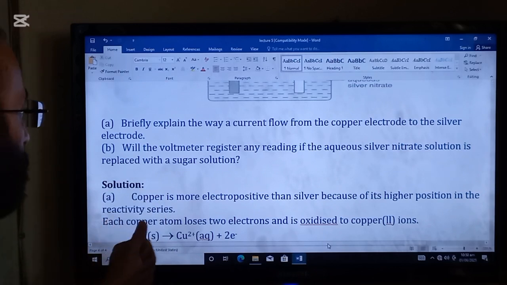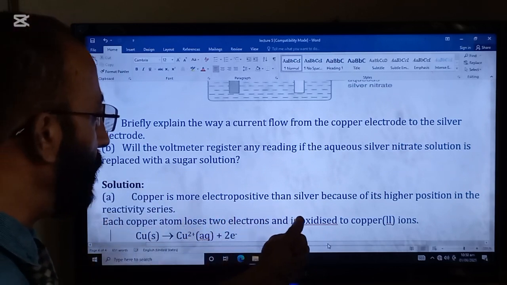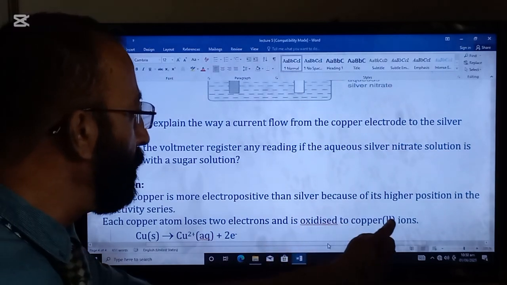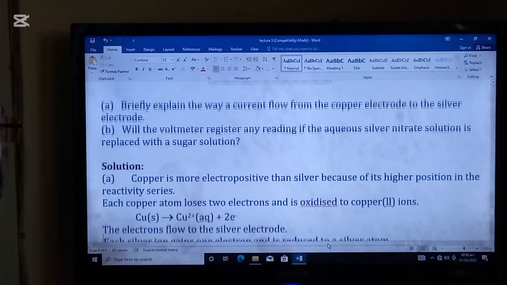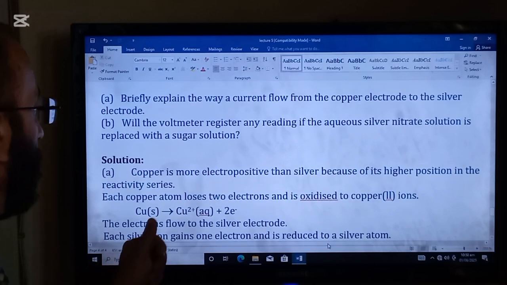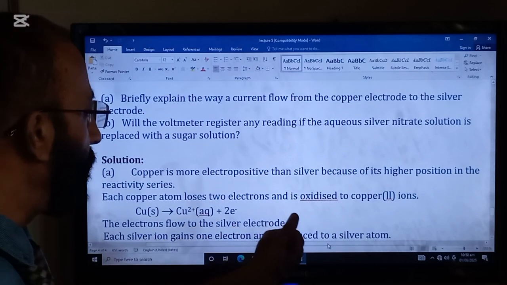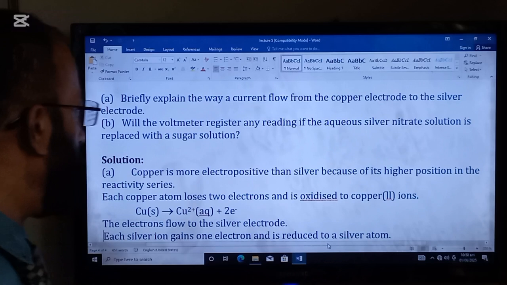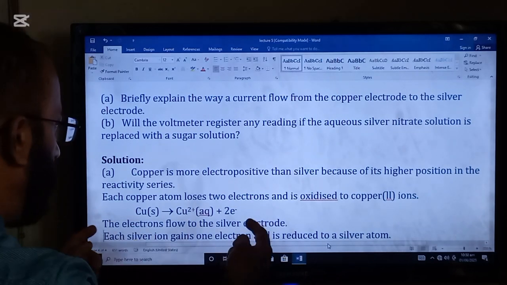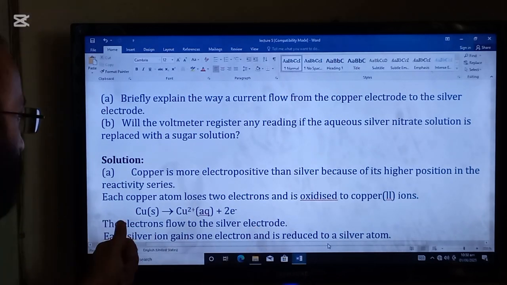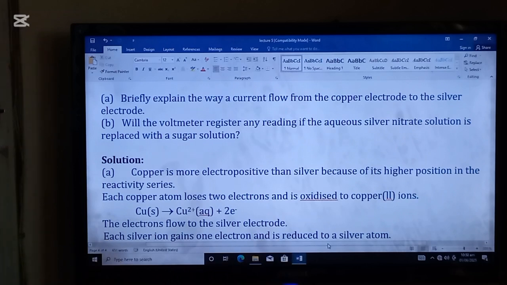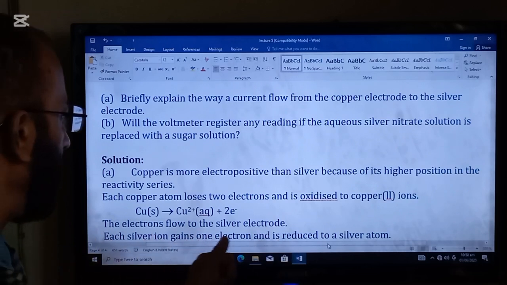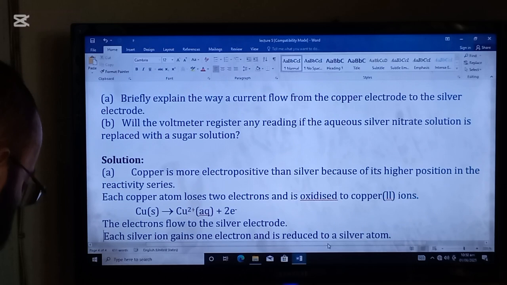So, copper is more electropositive than silver because of its higher position in the reactivity series. Each copper atom loses 2 electrons and is oxidized to copper ions. And the reaction is, copper forms Cu2+ plus 2 electrons. The electrons flow to the silver electrode.